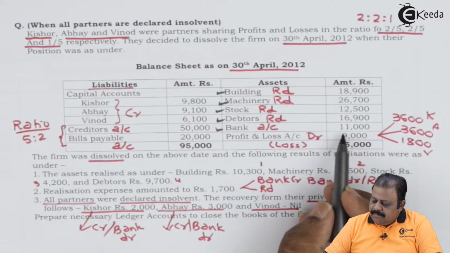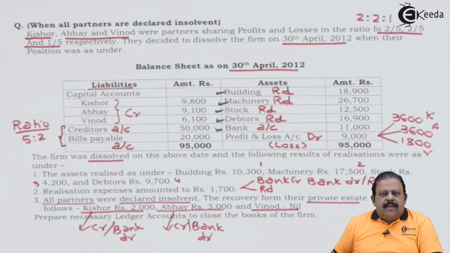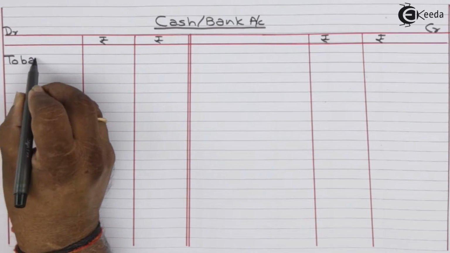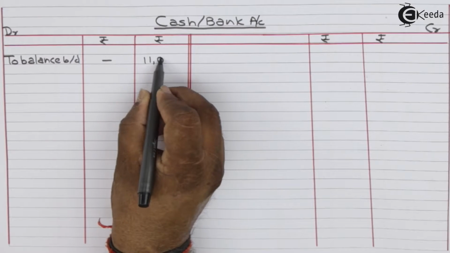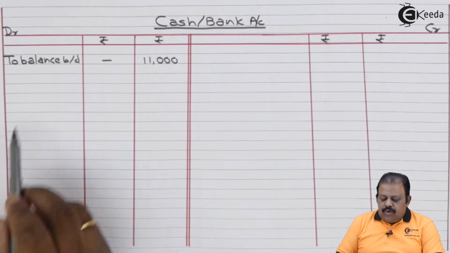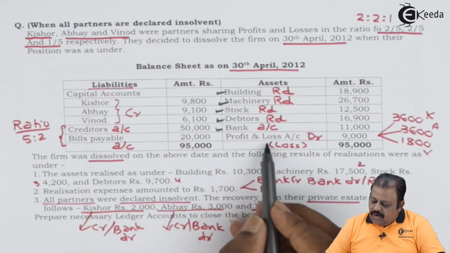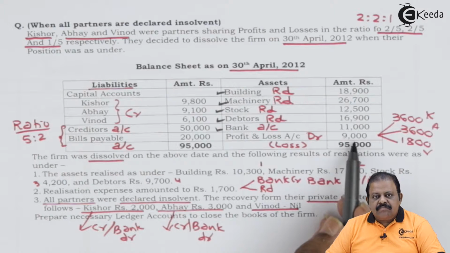Bank account 11,000. This will be transferred to the debit of bank account. Cash bank account debit, to balance brought down 11,000. Profit and loss account, this is a loss of 9,000.